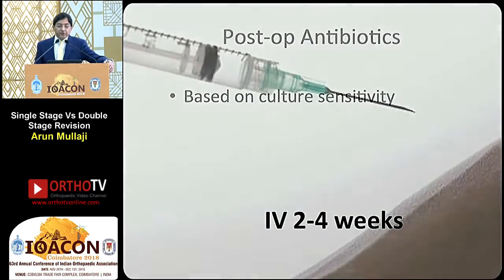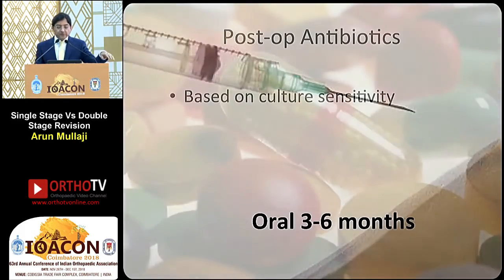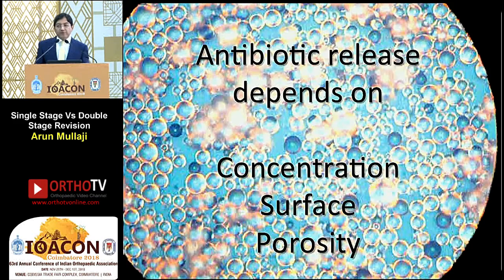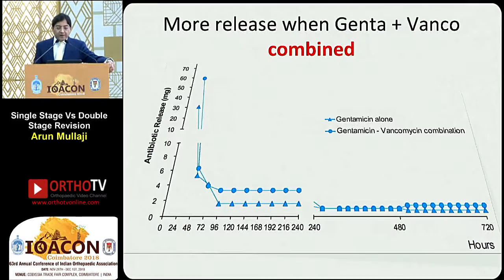Post-op, of course, you give them antibiotics for 2 to 4 weeks, oral antibiotics for 3 to 6 months, but many of these recommendations require to be confirmed with long-term studies. Remember, the antibiotic release depends on the concentration, the surface, and the porosity of the cement. And generally, if you combine antibiotics, they are more effective.